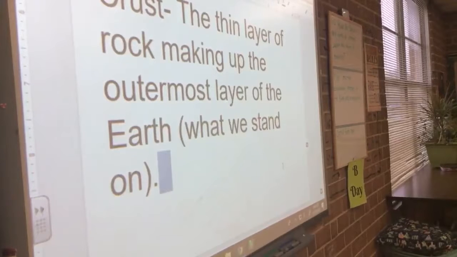The crust is what we stand on. Humans have never dug deeper than a fraction of the Earth's crust. So we say it's thin, but it's actually several miles thick.